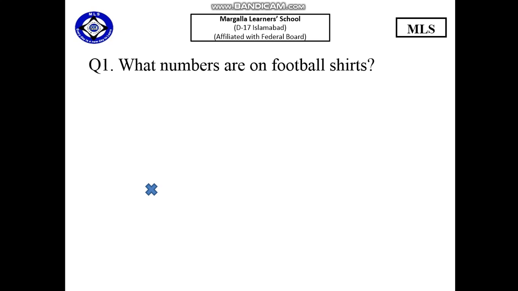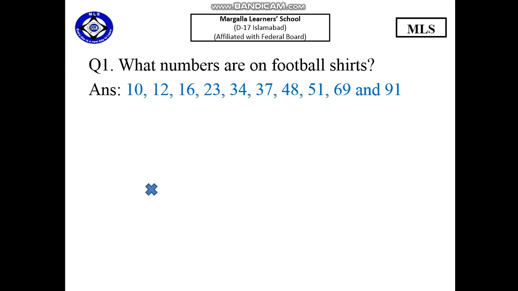Look at the shirts and see what numbers are there. There are 10, 12, 16, 23, 34, 37, 48, 51, 69, and 91.